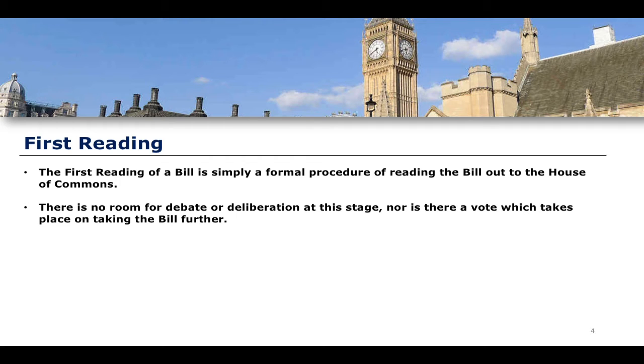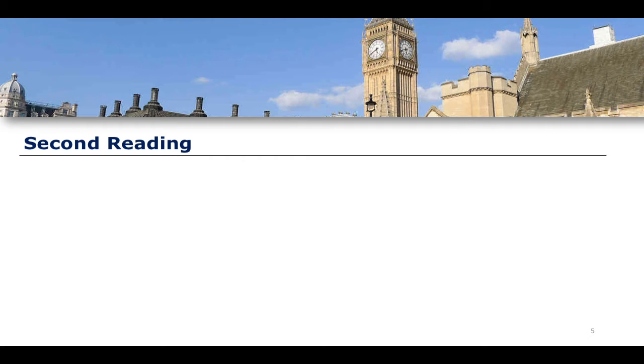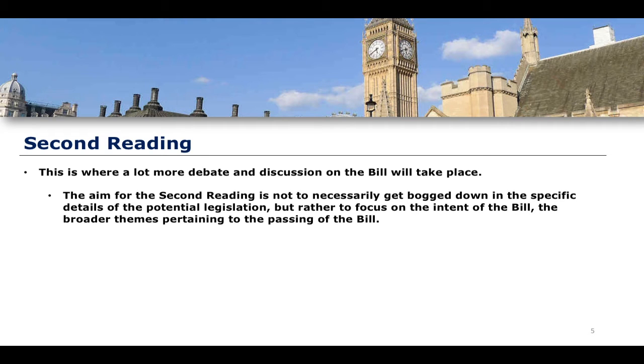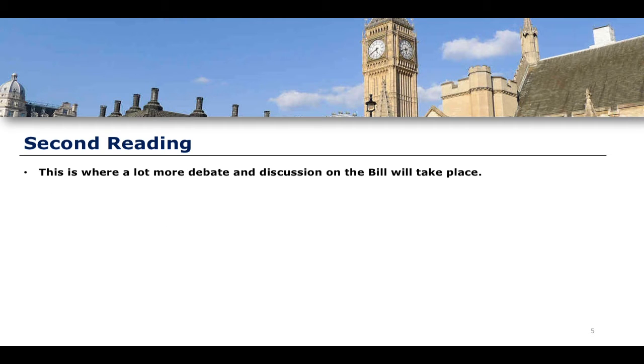And so it is only when we get to the second reading that we start to see deliberation, we start to see debate, and we start to see legislation die owing to the fact that there aren't votes to let it pass further. This is where there'll be a lot more debate and discussion on the bill itself. Now, the debate and discussion goes into the general overview of the legislation, potentially the implications of the legislation.